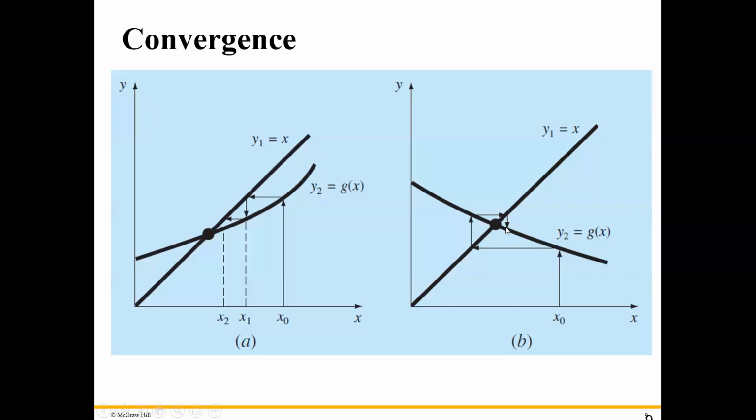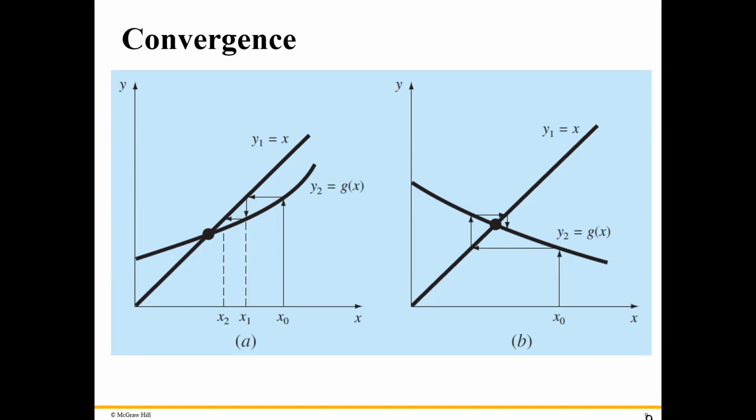So basically in this method we move from one curve to the other, one after the other. By doing so, we are coming closer to the solution. That means the solution will be converging. So this is a graphical way of representing the convergence in this method.